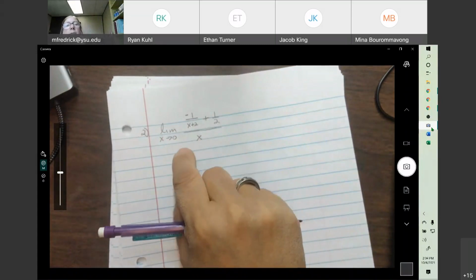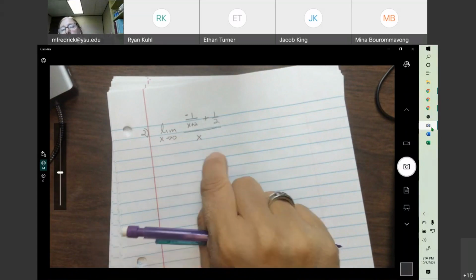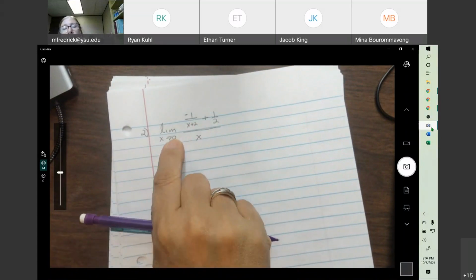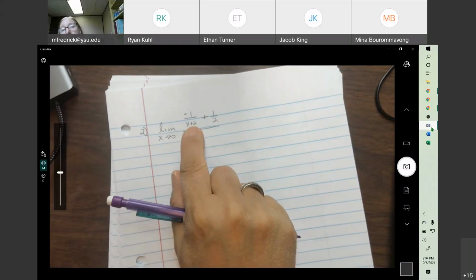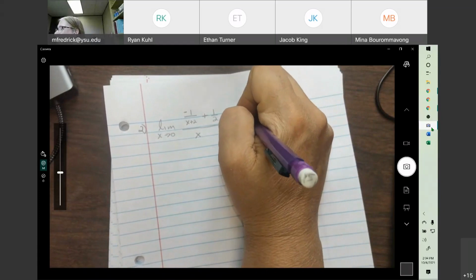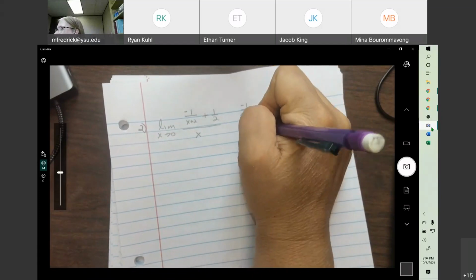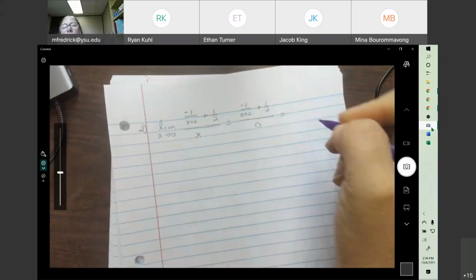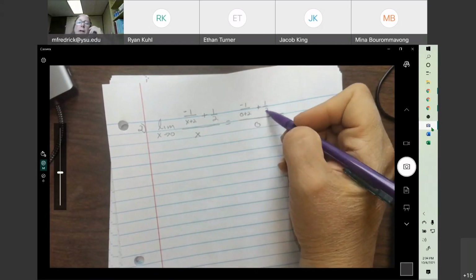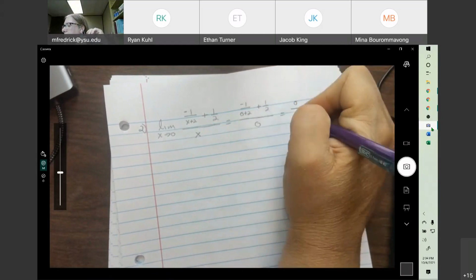If we had something like this where we're finding the limit as x approaches 0, then of course, remember, the first thing you do is plug this value in, whatever it is, and see what you get. So if we plug 0 in here, we get negative 1/2 plus 1/2 is 0 over 0.